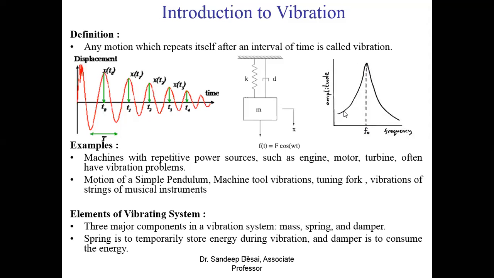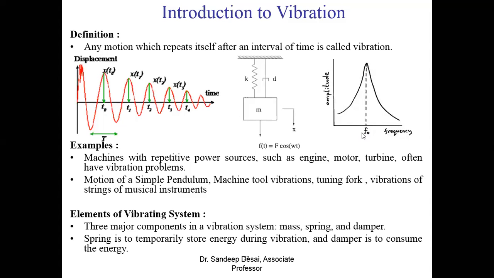You can see amplitude is not high here, not high here, not high here, and also not high here, amplitude is less, but at this point amplitude is very high. So the frequency at which amplitude suddenly increases and becomes very high is called the resonant frequency.